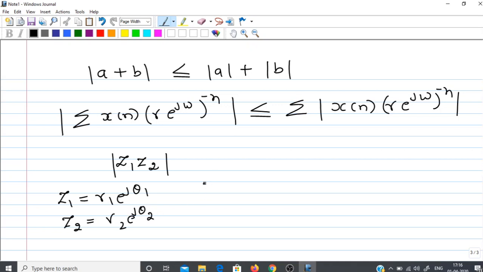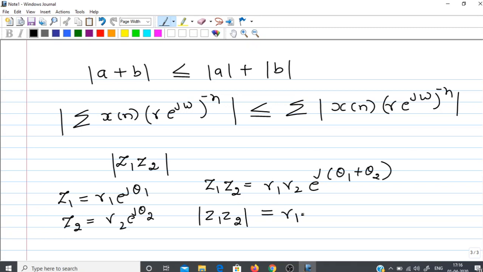Now if you multiply z1 and z2, you get r1 into r2 e to the power j (theta 1 plus theta 2). So if I take the mod of the product of complex numbers, what would it be?